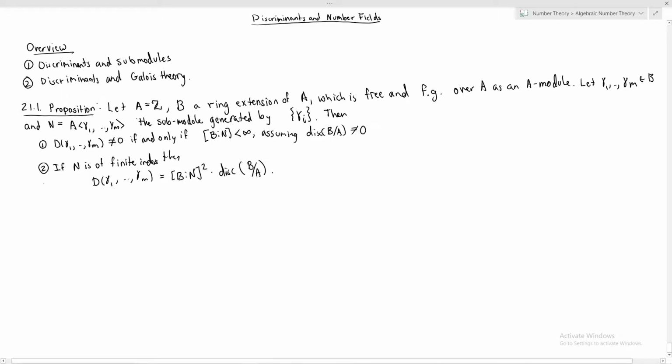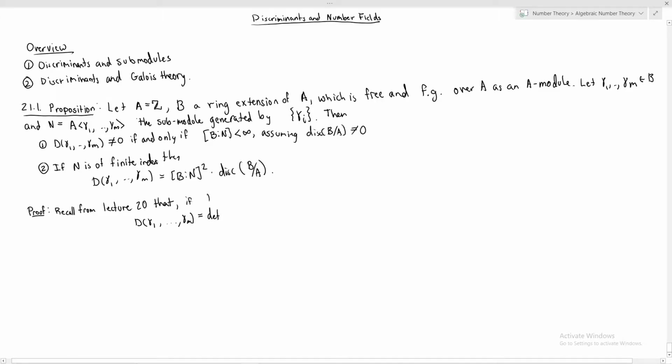Okay. So there are really two things we need to prove here. And the key is basically the following. Recall from lecture 20 that we have the following formula for the discriminant of the gammas. The discriminant of these guys is equal to the determinant of the change of basis matrix.